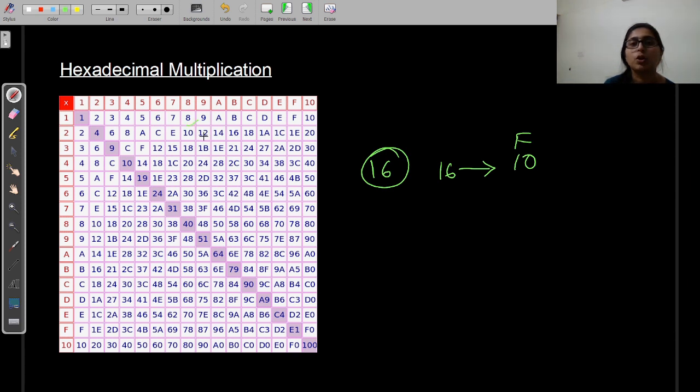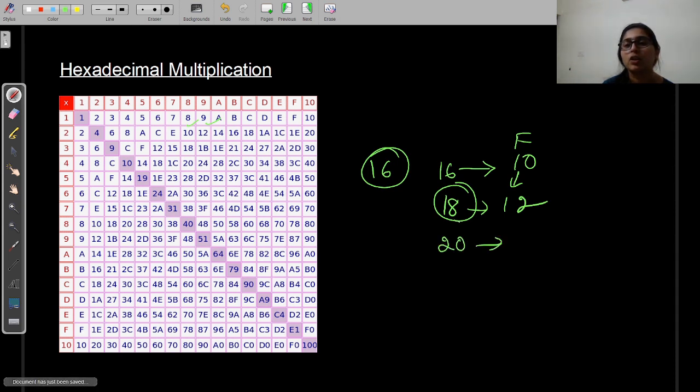So 2 9s are 18. Can I write it as 1 0? So after 1 0, what you will be having? You can write 1 1, then 1 2. So 2 10s are 20. What will you be writing for 20? 1 3 is for this, 1 4 is for this.